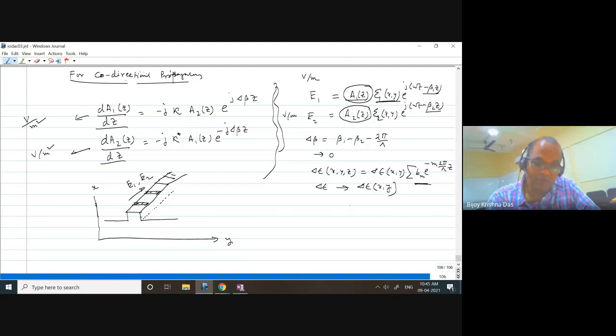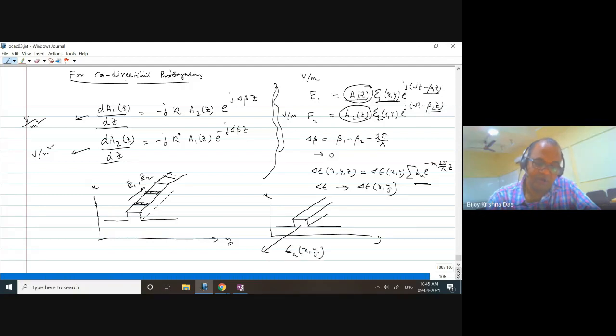But if I say that this perturbation is there but not z dependent, you have a certain waveguide here, y, x, so this is your waveguide, explained by its dielectric constant.